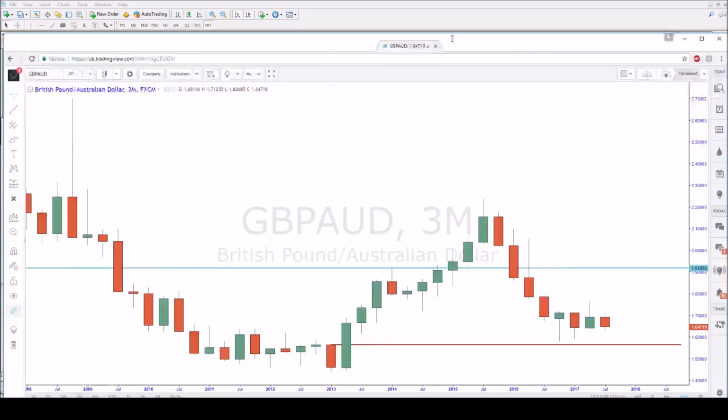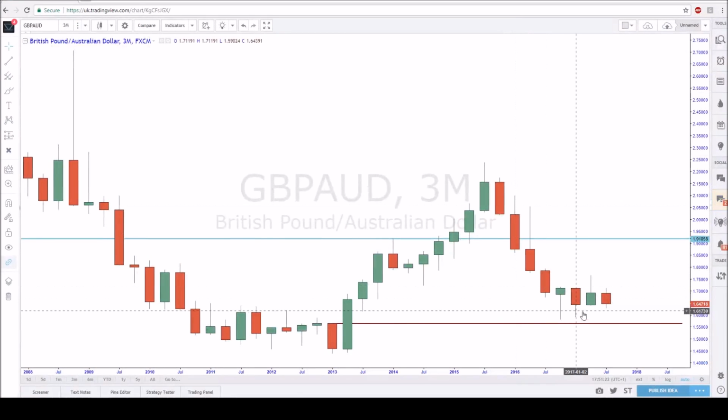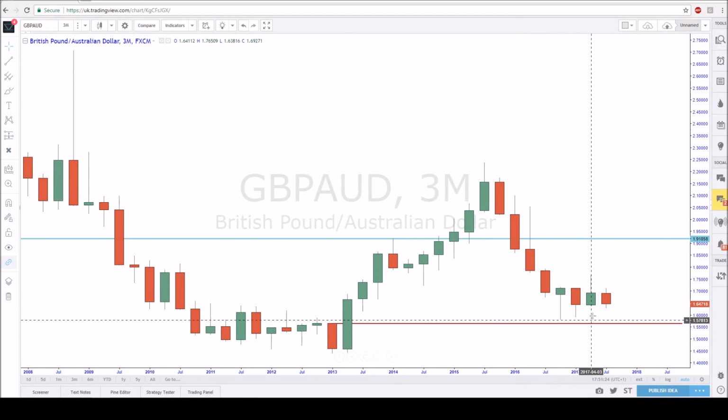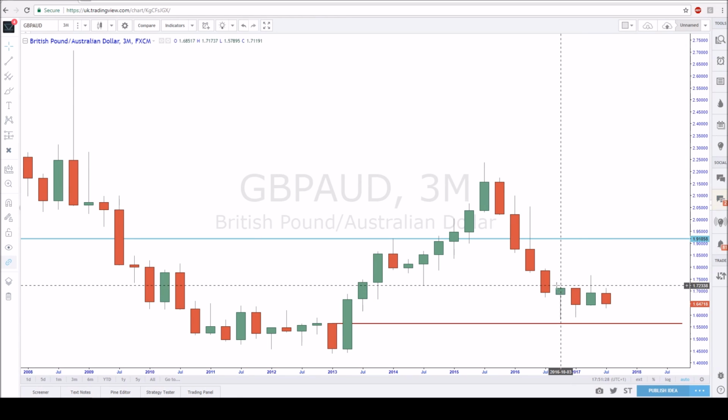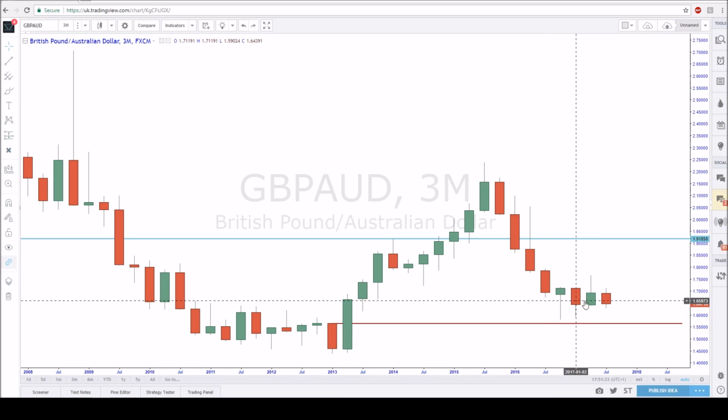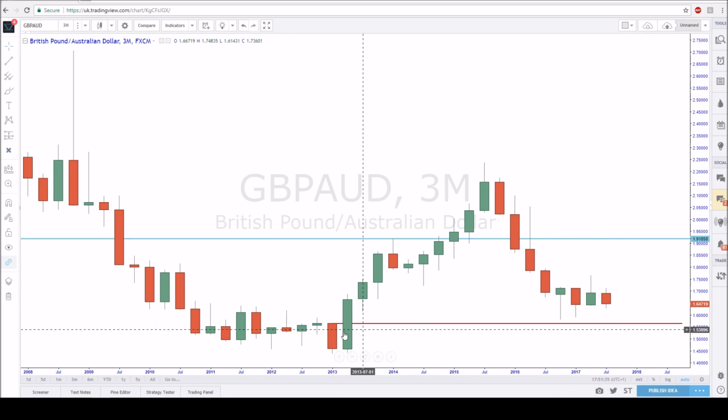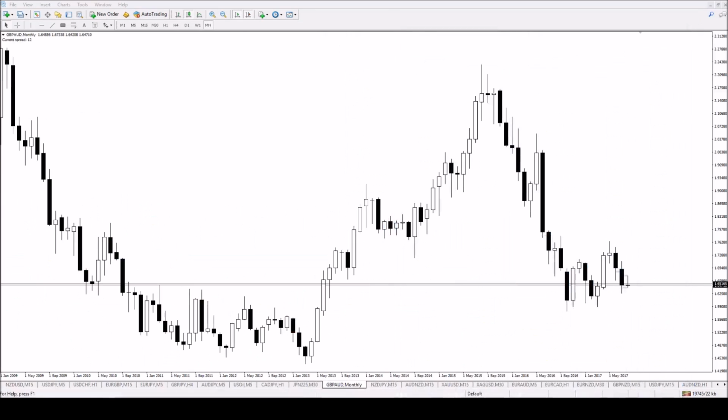Here is the quarterly chart of pound Aussie, and I think we're going to take out these lows here. I explained that we took out this quarter and this quarter highs into resistance down here, and now I'm expecting these lows to be taken into this order block. So my target for this would be this low here.